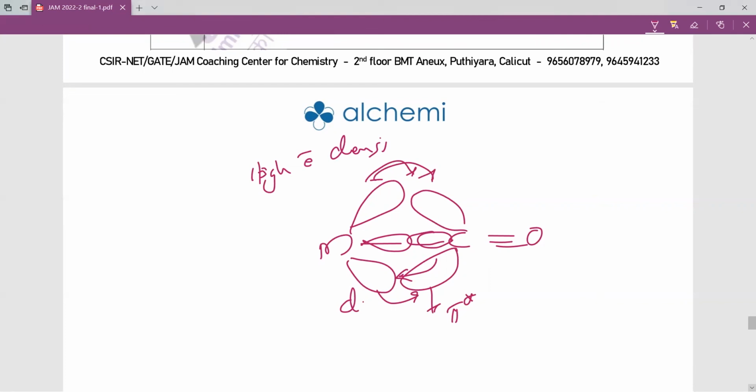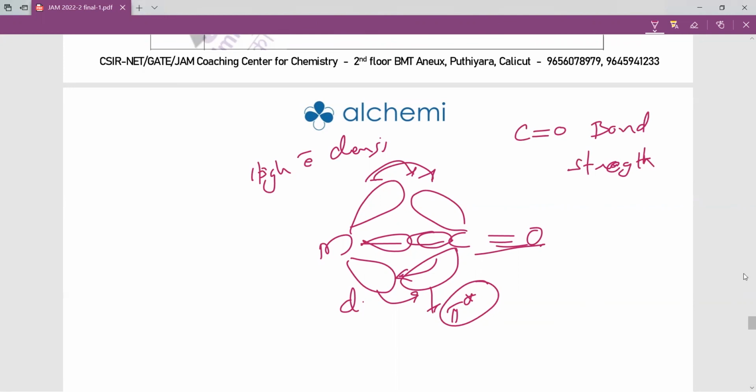The ultimate effect is that the electron is filling the pi-star antibonding molecular orbital, so it decreases the CO bond strength. If back donation increases, bond strength decreases.